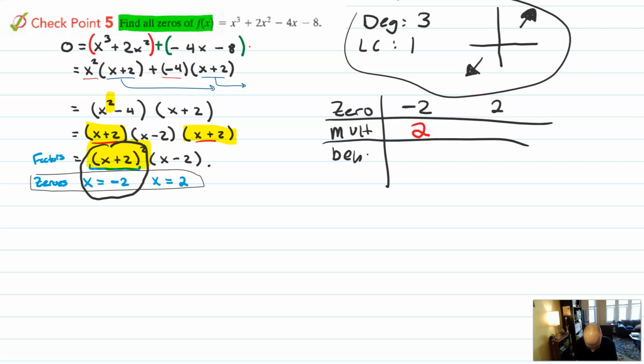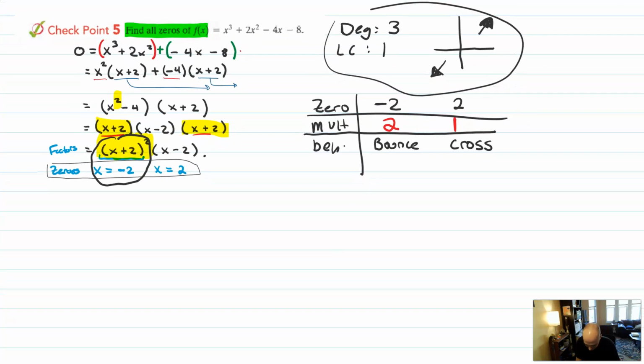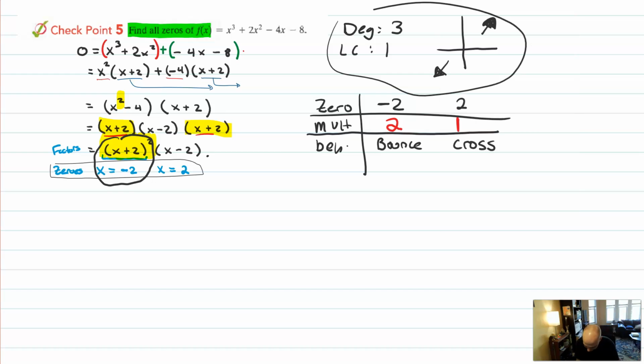The zero of x equals 2, that factor only appeared once, so that has a multiplicity of 1. So the behavior is going to be a bounce and then a cross. And there's no weird flattening behavior here. Now, that's enough information to sketch the graph.